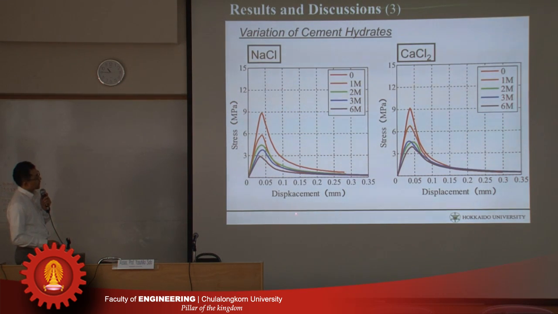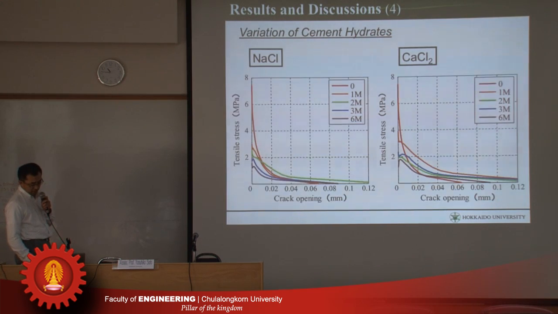And then this is a result of the fracture test. This is stress, and this is displacement, for the reference, and 1 month, 2 months, 3 months, and 6 months. You can see a very big reduction in the strength for both the sodium chloride and the calcium chloride.